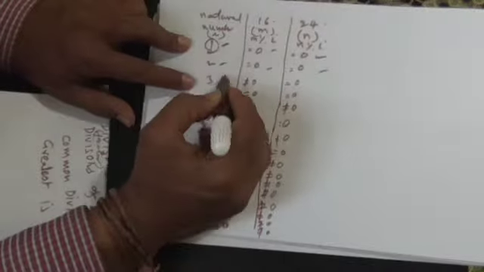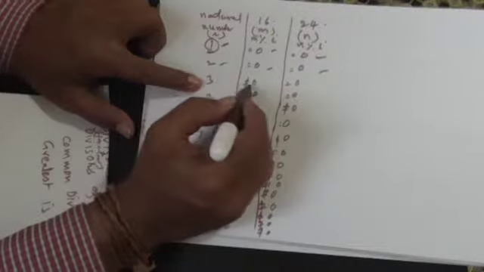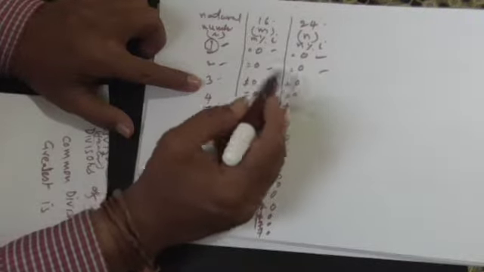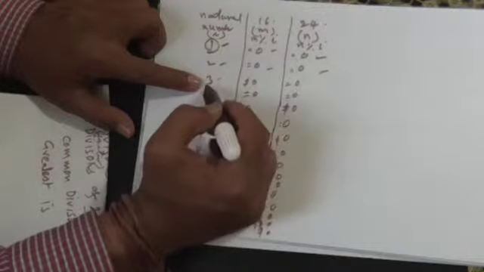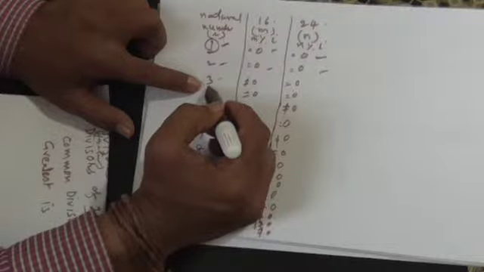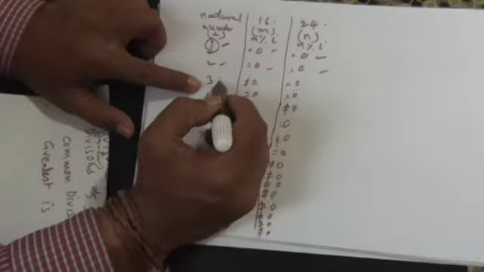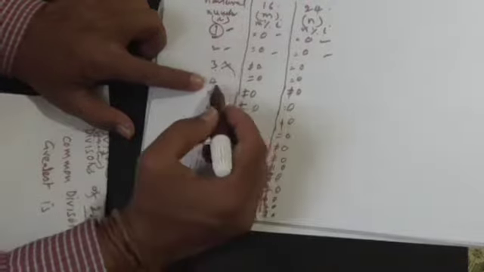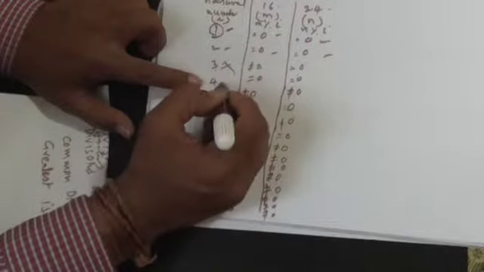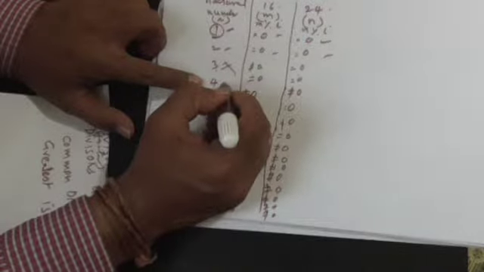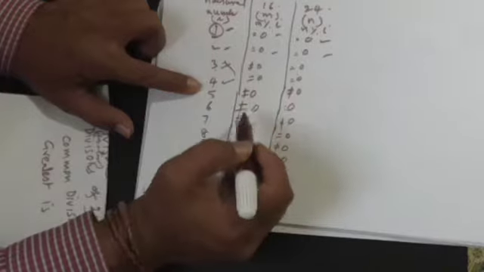Then I generate 3. 3 does not divide 16, but 3 divides 24. But 3 is not a common divisor because it does not divide both. Therefore, don't consider it as a common divisor at all. Coming to 4, 4 divides both, so this can also be a common divisor.